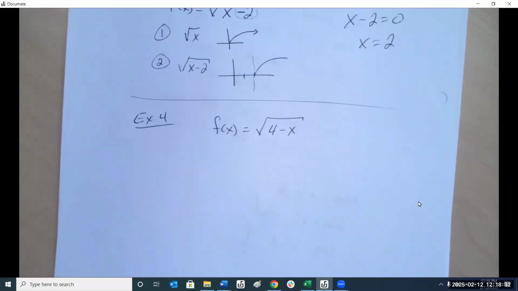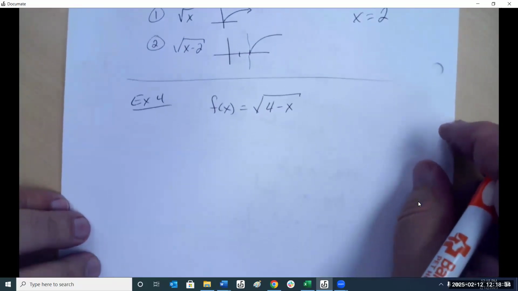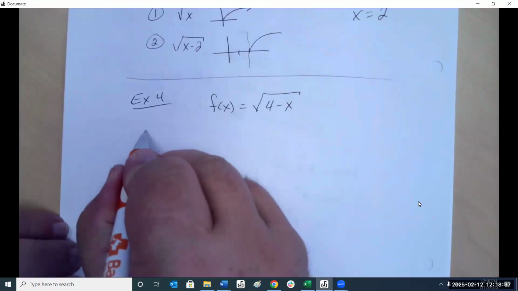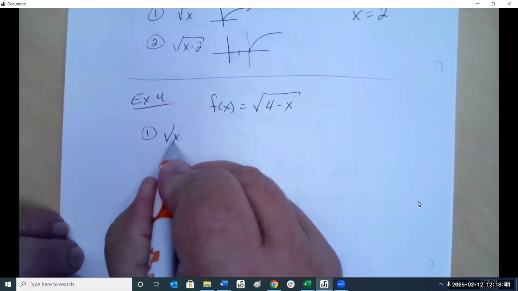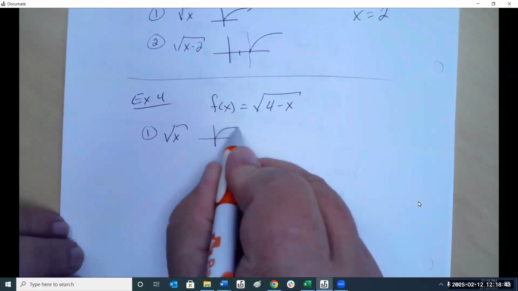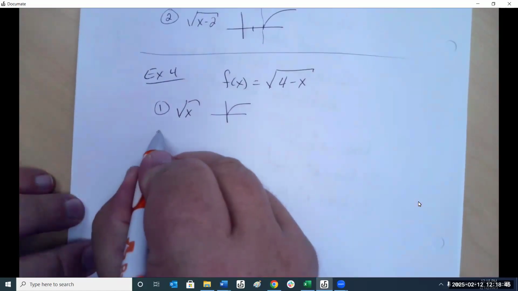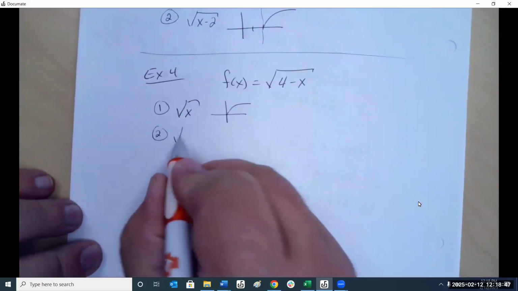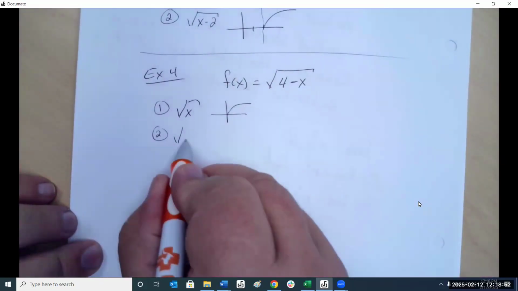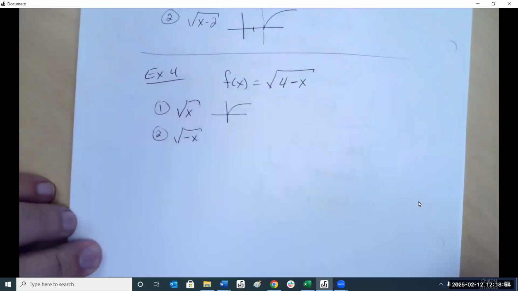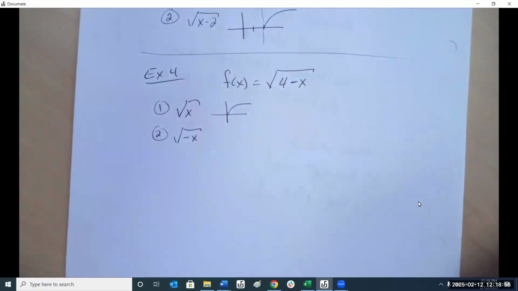How about this one? What's the basic function? It's a square root. That one looks like this. So what change is happening inside there first? The first change is we change the sign of X. What does that mean?